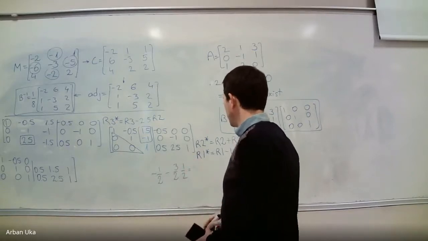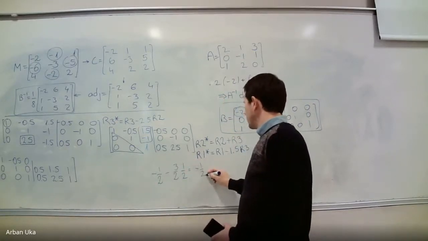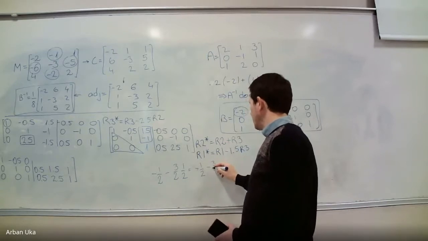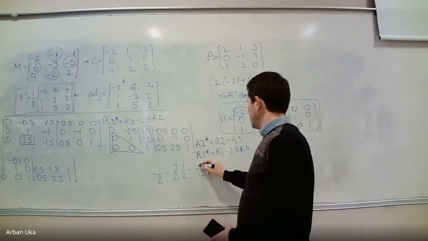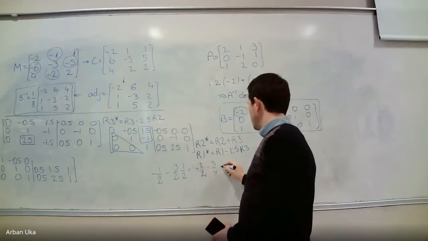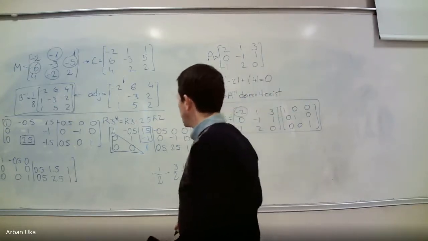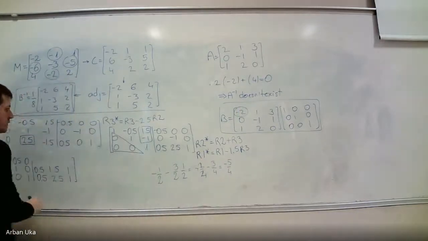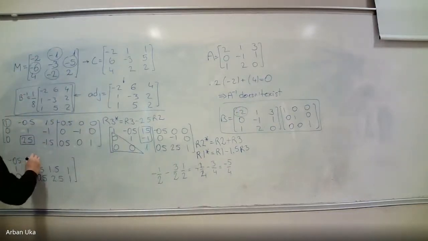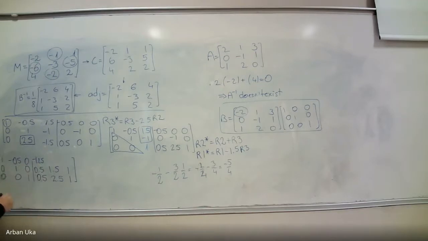Okay, this makes this 1, minus 1 over 2, minus 3 over 4. So 2, 4, this is equal minus 5 over 4. And correct me if I'm wrong. Minus 5 over 4, this is minus 1.25. If you have a calculator, you can do a faster job than me.